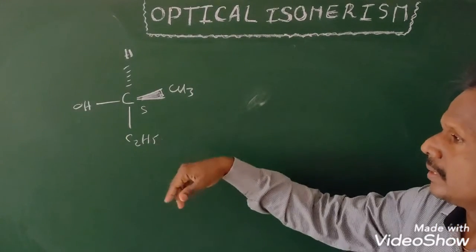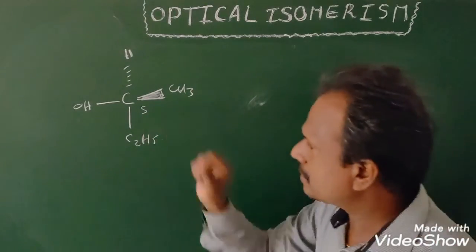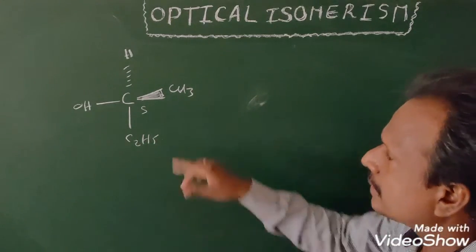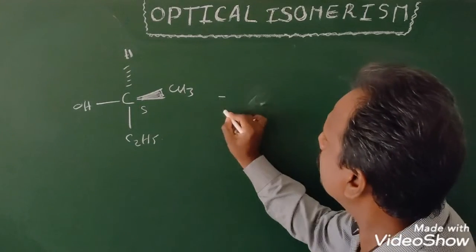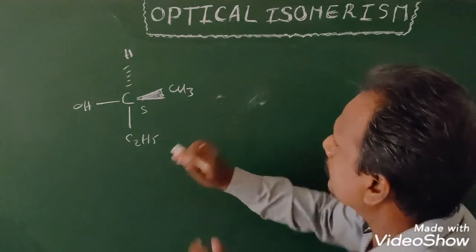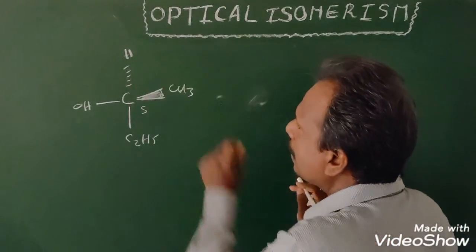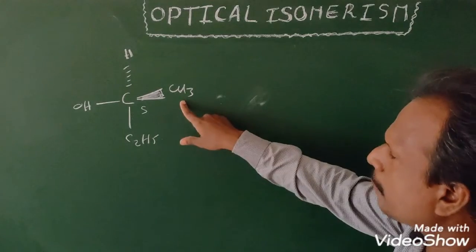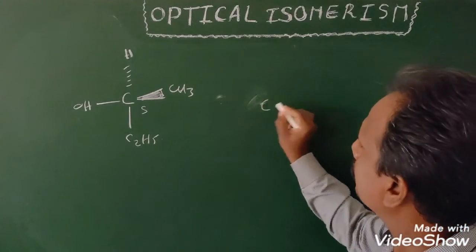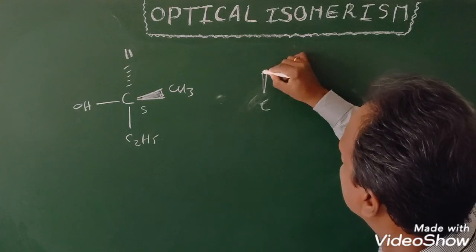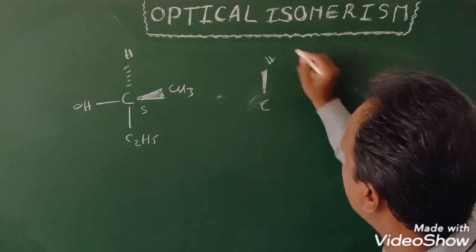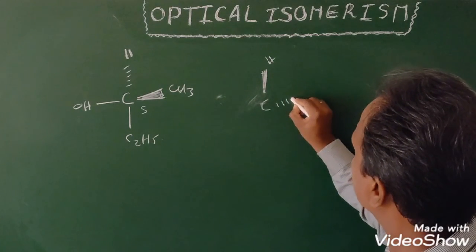The chirality of this carbon is S using CIP rules. By changing, here the H atom is below the plane and methyl is above the plane. Here the H atom is above the plane and methyl is below the plane.